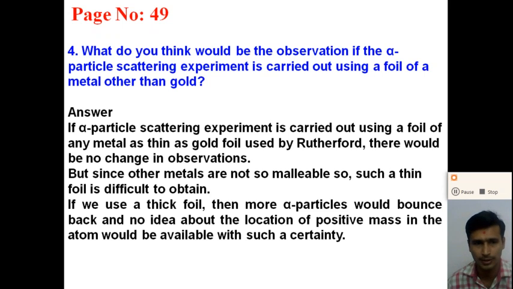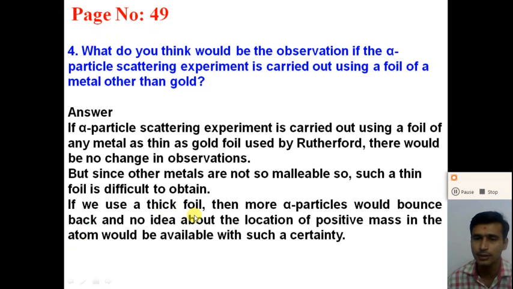But since other metals are not so malleable, such a thin foil is difficult to obtain compared to gold.